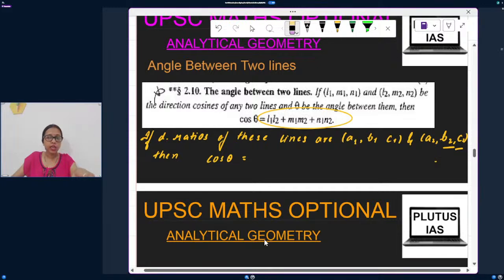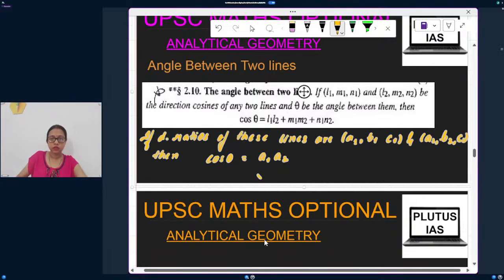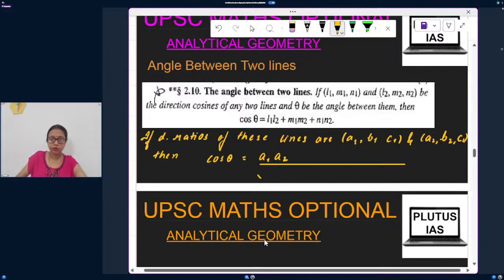So what will be L1 L2? L1 L2 will be A1 divided by that root part and A2 divided by that root part. When I multiply, I'll get A1 A2 divided by square root of A1 square plus B1 square plus C1 square times square root of A2 square plus B2 square plus C2 square.